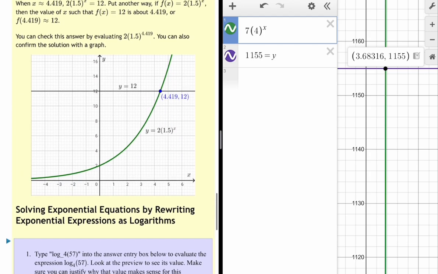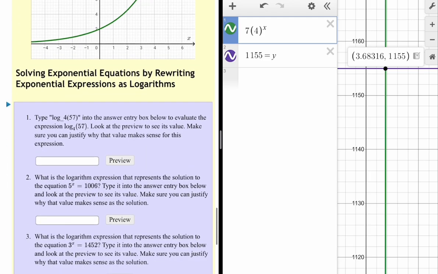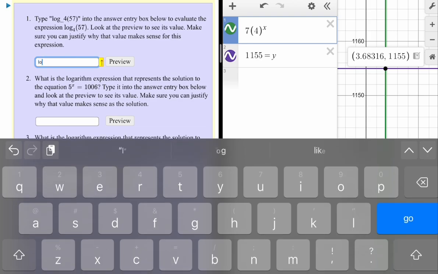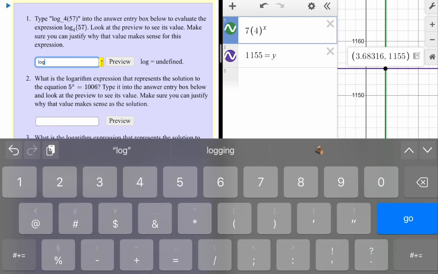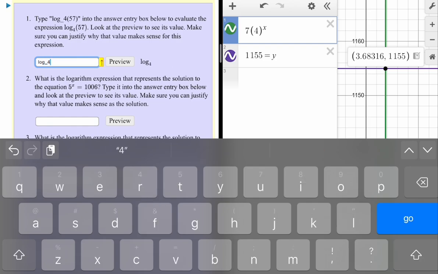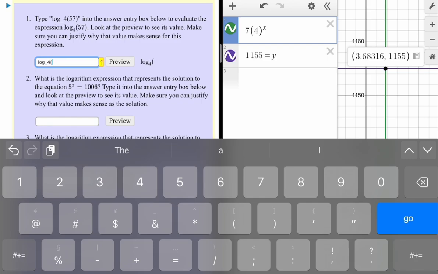And then they showed you on the graph, similar to how I entered it into Desmos. Now, this bottom thing says type log base 4 of 57. So log underscore 4 parentheses 57. Type in whatever you need to type in there.